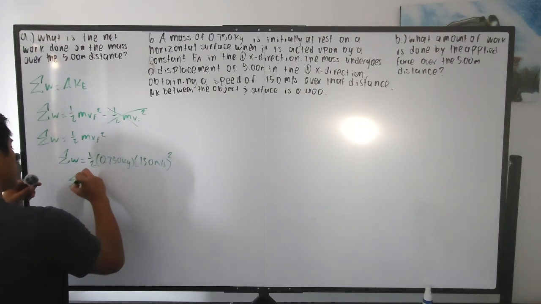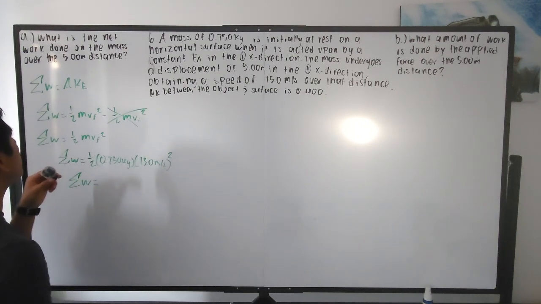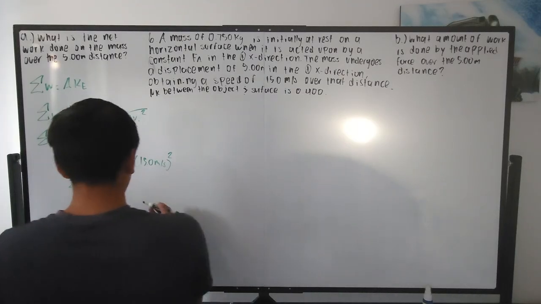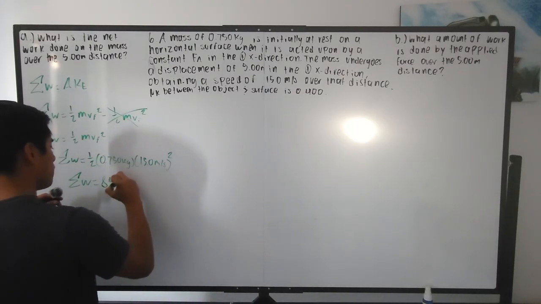And you'll get an answer that the sum of all the work, or the net work done on the mass over this 5-meter distance, rounding, is 84.4 joules.